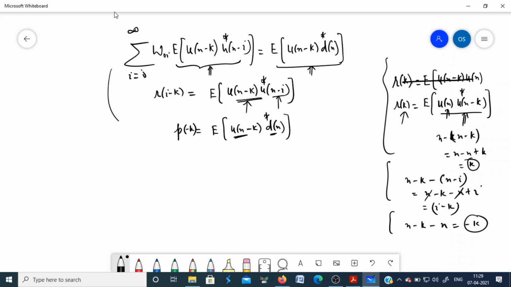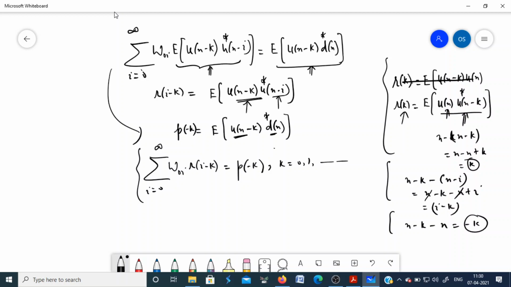So this equation can be written as the summation over i from 0 to infinity of w_oi R(i minus k) equal to p(minus k), where k is 0, 1 and so on. This is a system of equations.